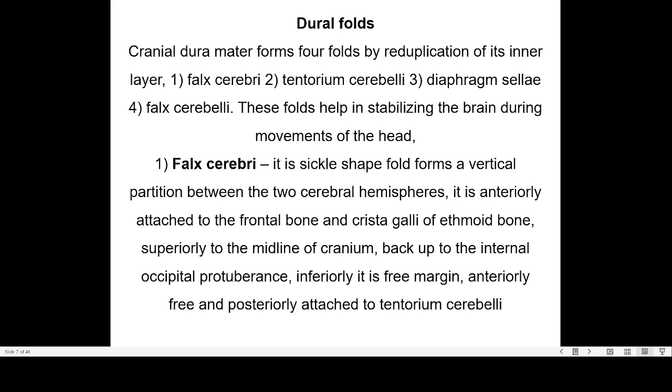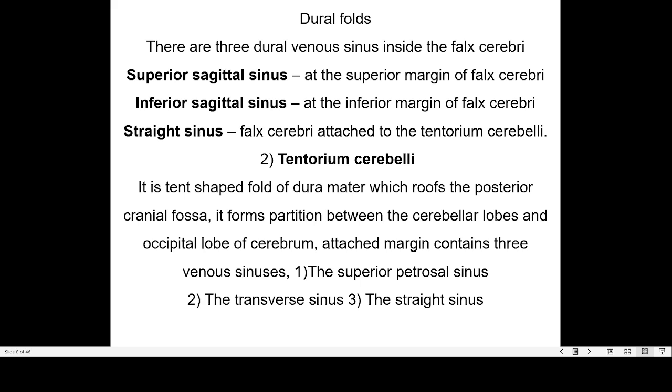It is anteriorly attached to the frontal bone and crista galli of the ethmoid bone, then superiorly to the midline of the cranium back up to the internal occipital protuberance. Inferiorly it is a free margin, and posteriorly it is attached to another fold of the dura mater, the tentorium cerebelli.